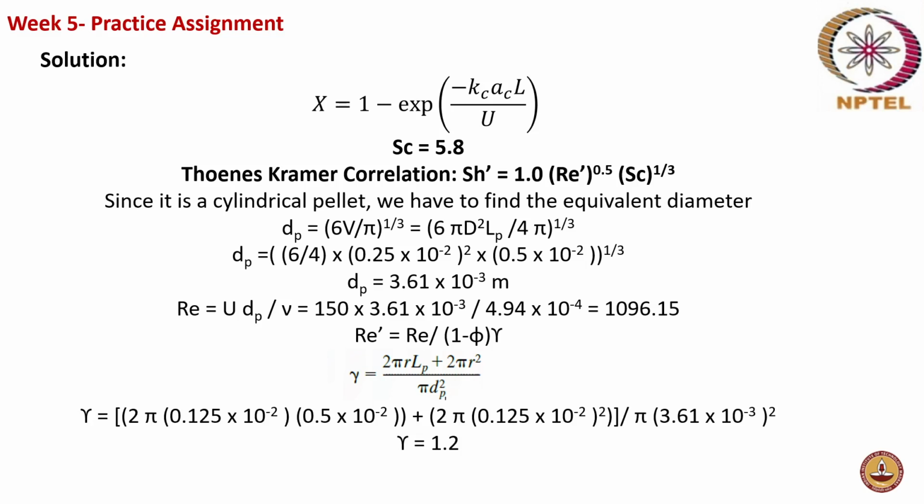They have given the diameter of the pellet, which is 0.25 centimeters. So your radius is going to be 0.125 centimeters, and the length of the particle is also given, 0.5. You have the equivalent diameter also, where dp denotes the equivalent spherical diameter, which we already calculated as 3.61 into 10 power minus 3 meter. So substituting all the values, you will get the shape factor as 1.2.